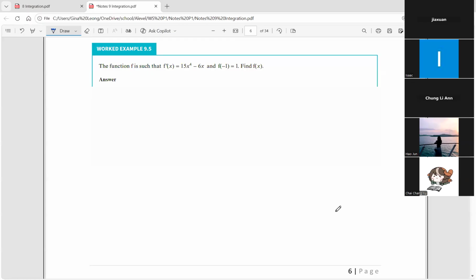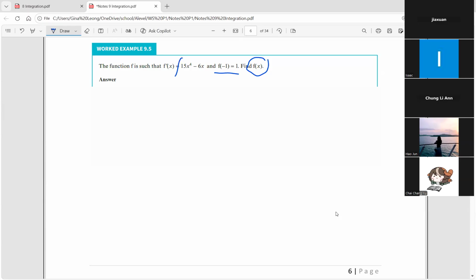Okay, this one I need to find f. He asks you to find f, that means I need to do the integration also. Because I need to find f(x), I do the integration.